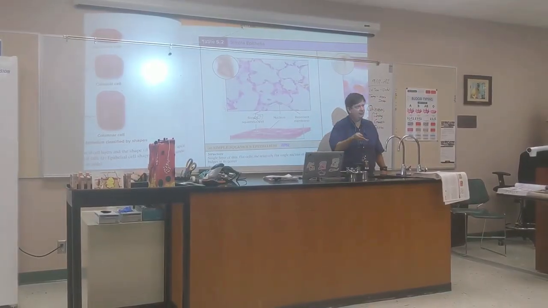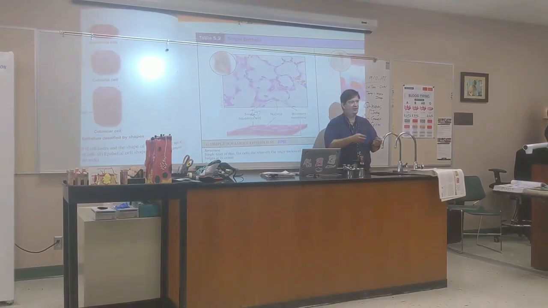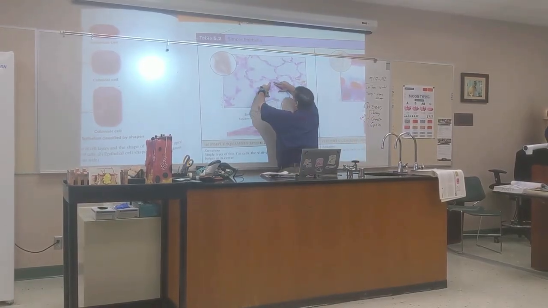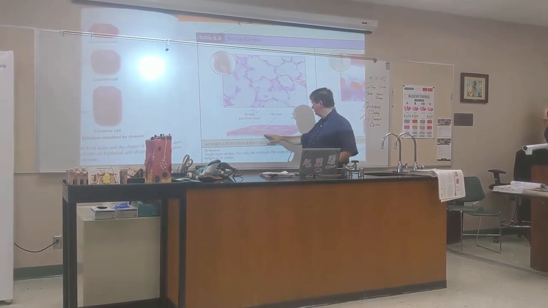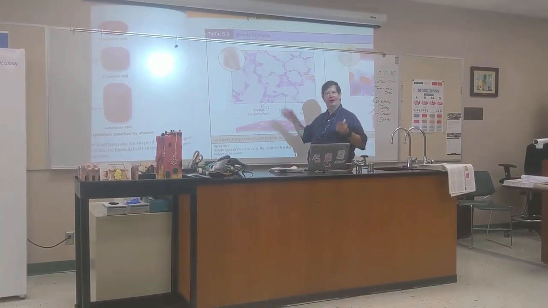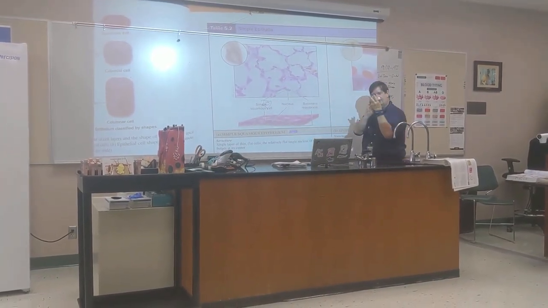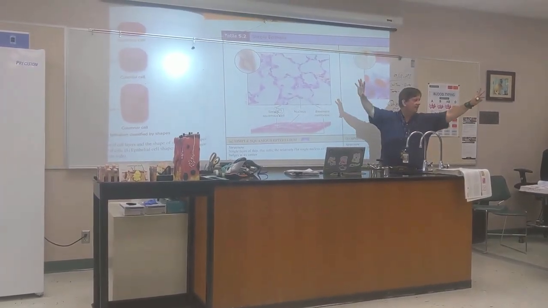One flat, simple squamous cell makes the wall of the alveoli, the air sacs, and another one makes the wall of the capillary. So you have 2 right there. If you're only 2 very tiny flat cells wide, it's easy for oxygen to go from the air to the blood, and for blood to send the carbon dioxide back to the air so we can breathe it out. Does that make sense, y'all?